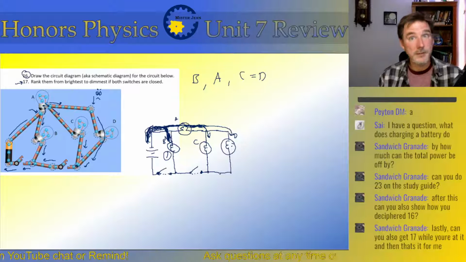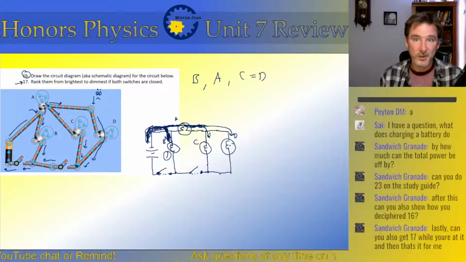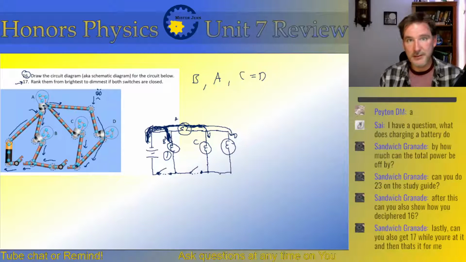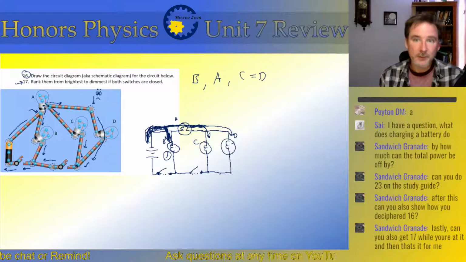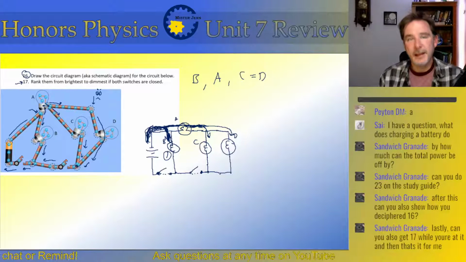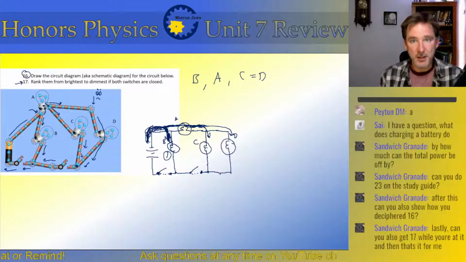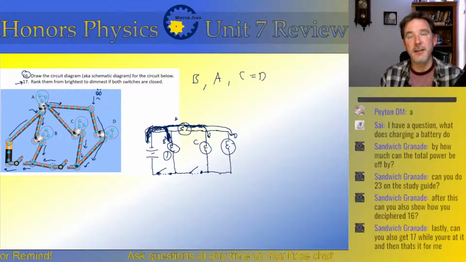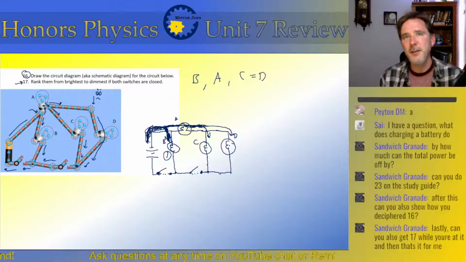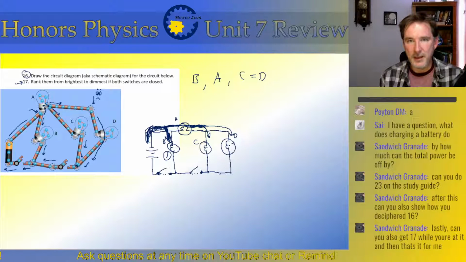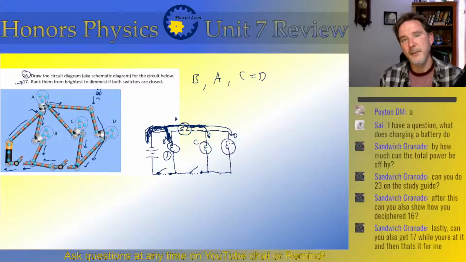And so more current means more brightness. B has the most current because it has the least resistance. A has basically the sum of whatever D and C are getting together. And so it's effectively as bright as C and D together, maybe, because it has all that current going through it. So that's why I got the answer I got.